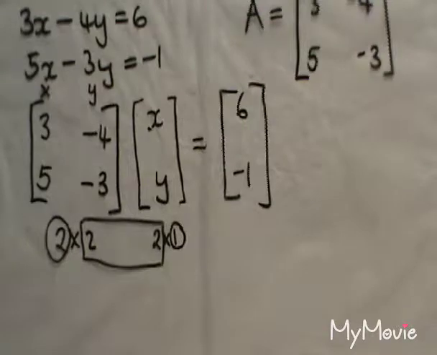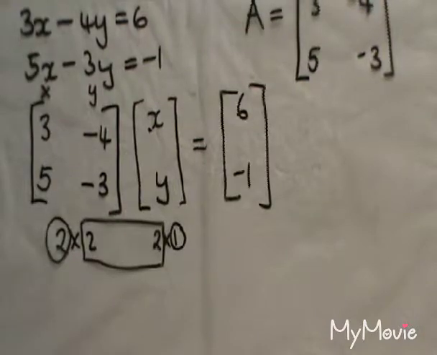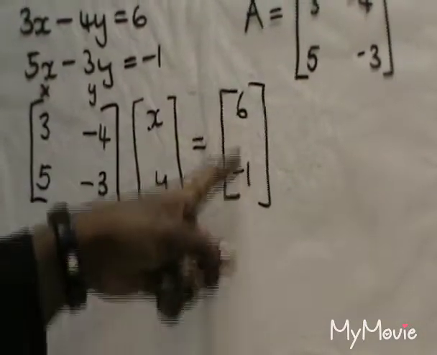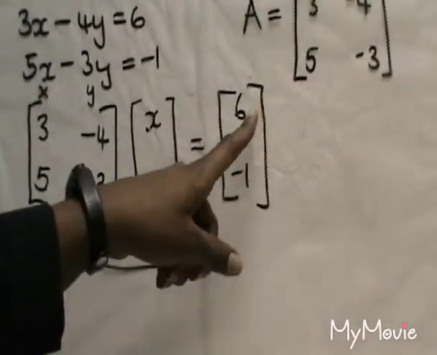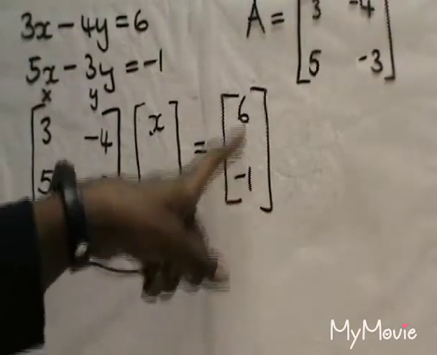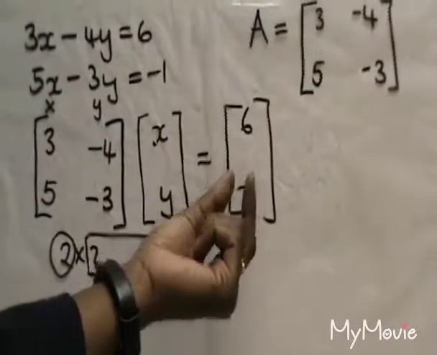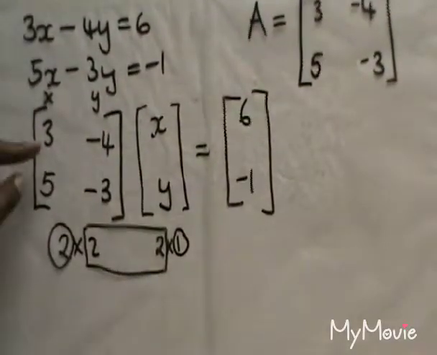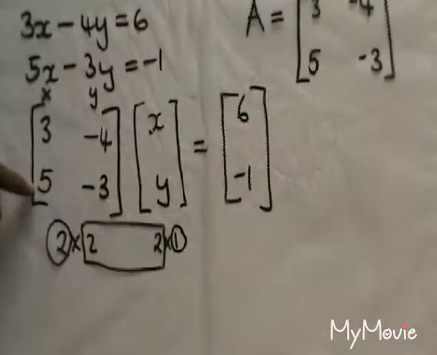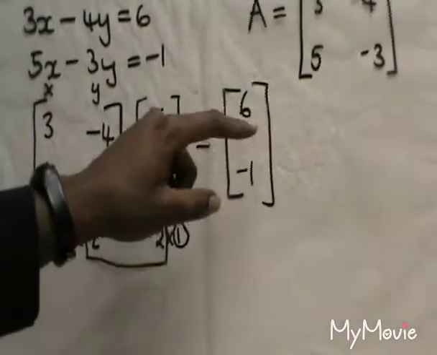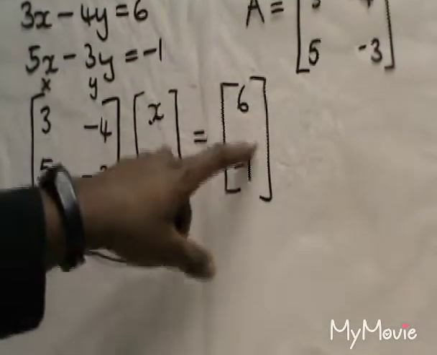Then what I do is the column that represents x, I am going to change it and replace the values with the solution matrix. So these are the solution, the 6 and the minus 1. You can see it's a column matrix. I will replace this 3 and 5 with the elements in the solution matrix, 6 and minus 1.